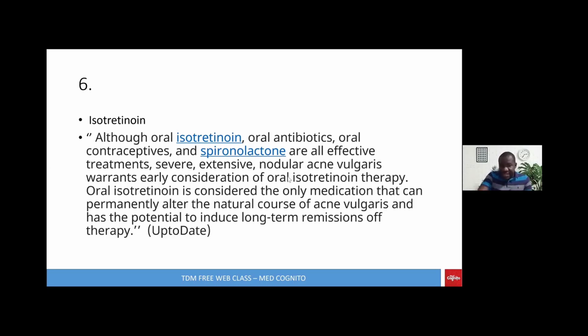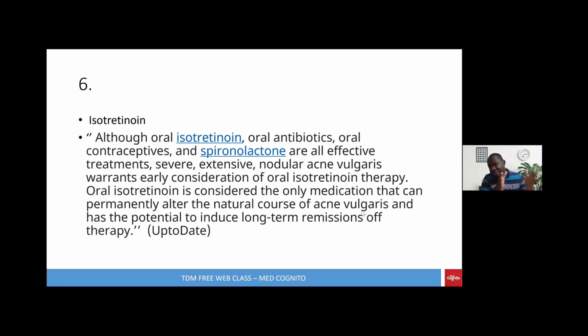There are other effective systemic agents, as you saw in that list, right? But oral isotretinoin is considered the only medication that can permanently alter the natural course of acne vulgaris and has the potential to induce long-term remissions of therapy. And this is from UpToDate, okay? So it's the only very highly effective oral medication.